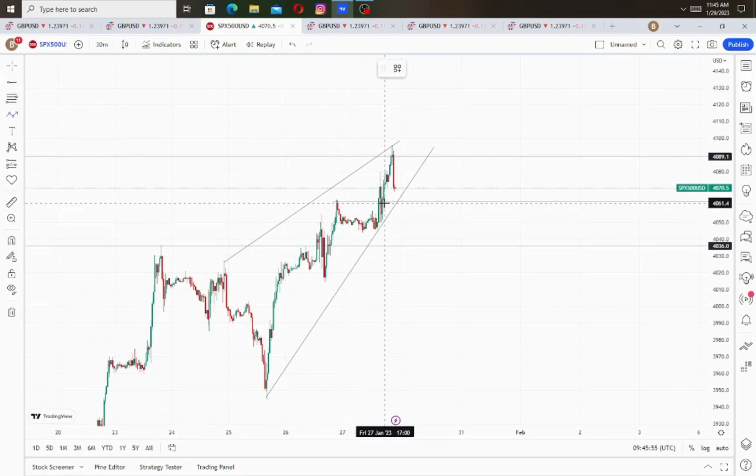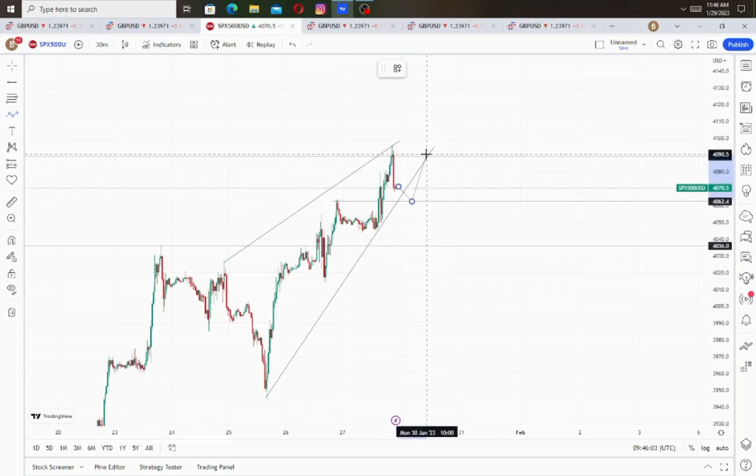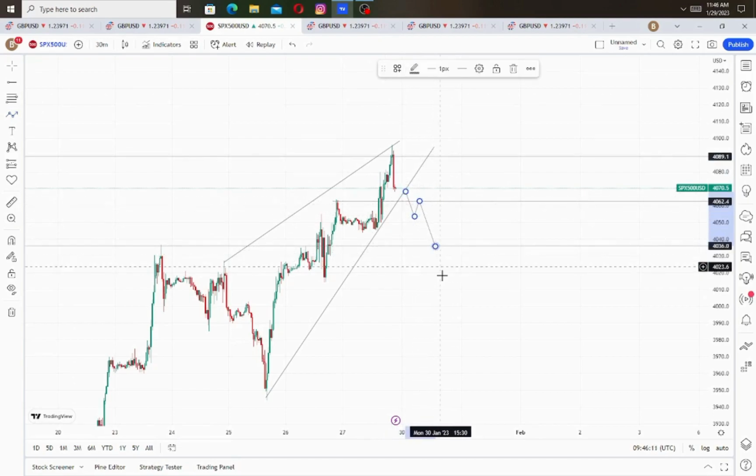So if it doesn't give me the pattern I just said, wait for it maybe to come there and tap it, then go up. And if not, then that means it's just gonna give me that retest and even break out here, give me that retest.